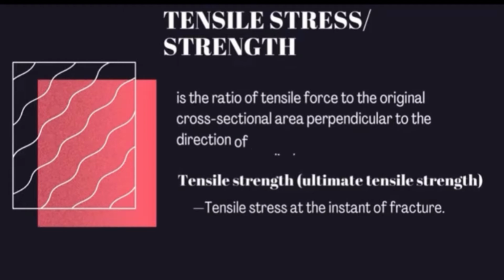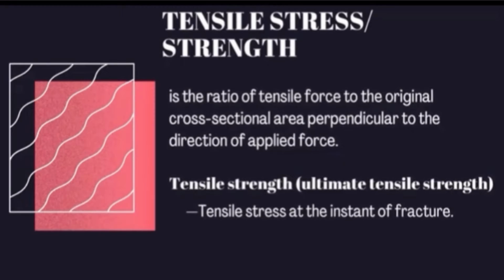Tensile stress, or strength, is the ratio of tensile force to the original cross-sectional area perpendicular to the direction of applied force. Tensile strength, or the ultimate tensile strength, is the tensile stress at the instant of fracture.